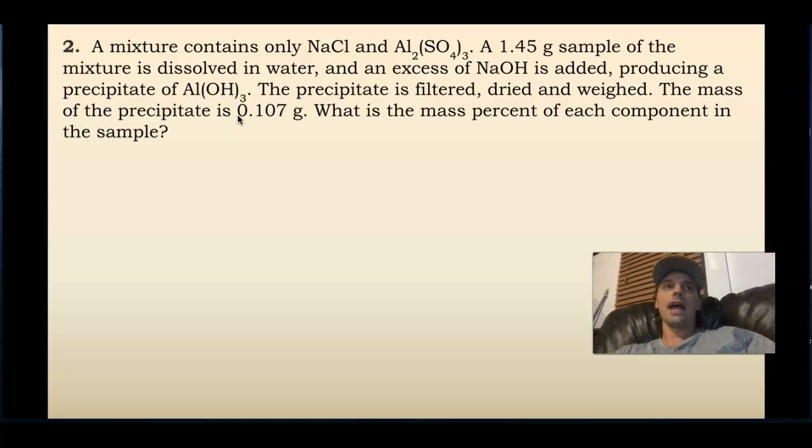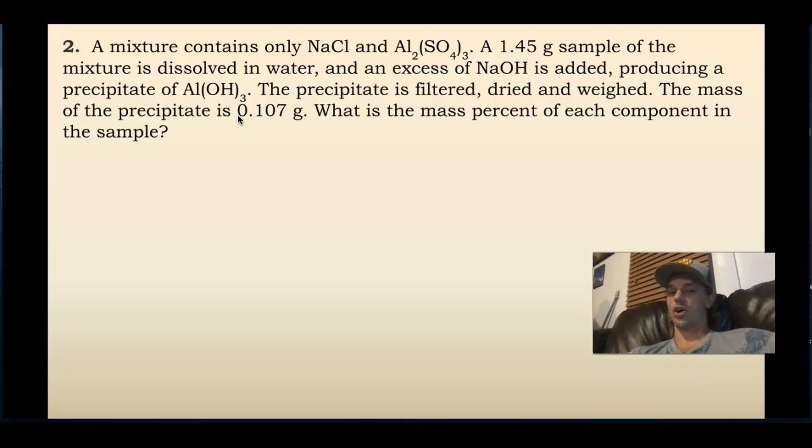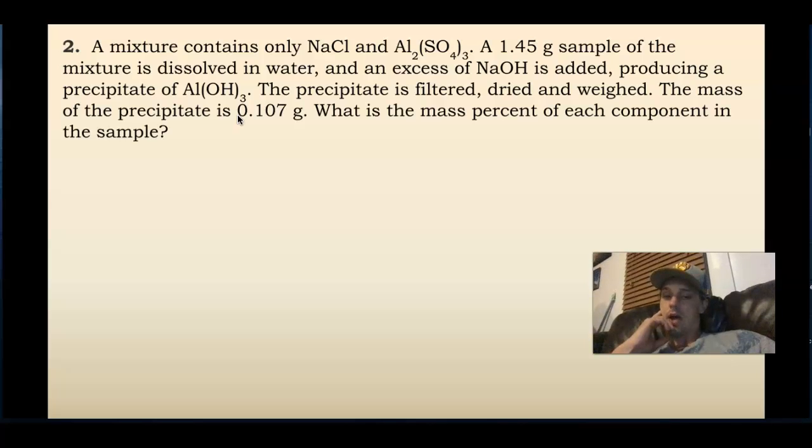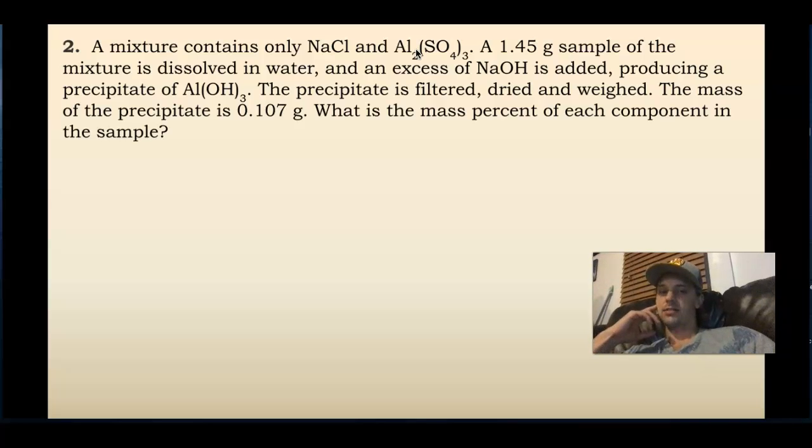All right, so here I have a chemical reaction because I had a precipitate form from substances dissolved in water. Now, what we need to focus on is what is the chemical reaction that occurred. So it looks like I added sodium hydroxide to my mixture and it produced aluminum hydroxide. So what I want you to first ask is which of my substances that was in the mixture reacted.